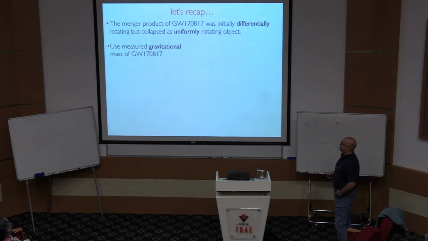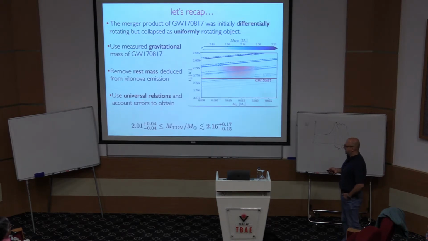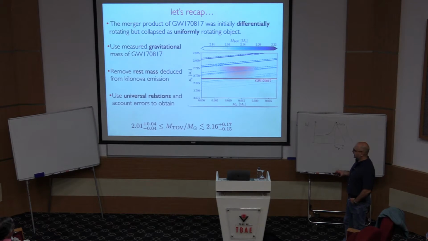So how do you put all of this information together? We know what the gravitational mass is. We know how much mass has been lost because of the kilonova emission. We can use the universal relation and account for all the errors and obtain the following estimates. Okay, so M TOV, the maximum mass of a non-rotating star, is between 2 solar masses and 2.16 solar masses plus a rather large error.